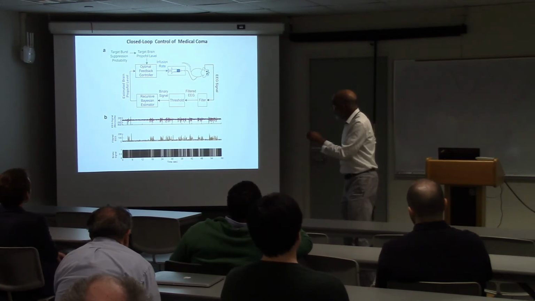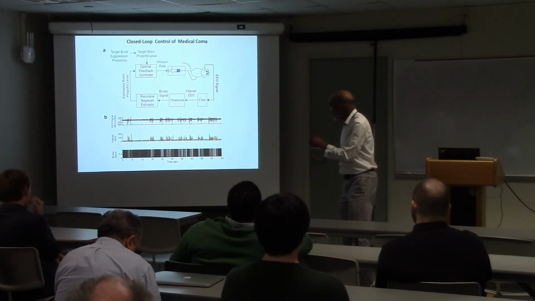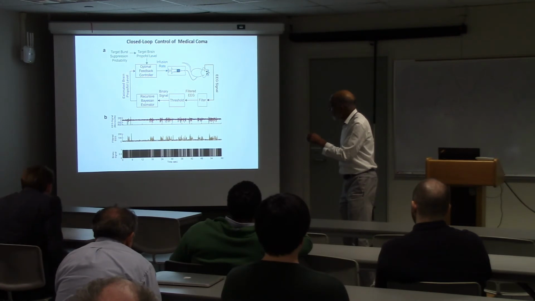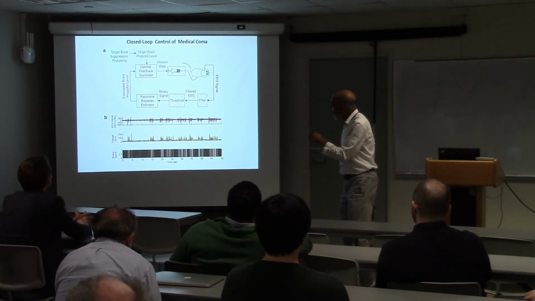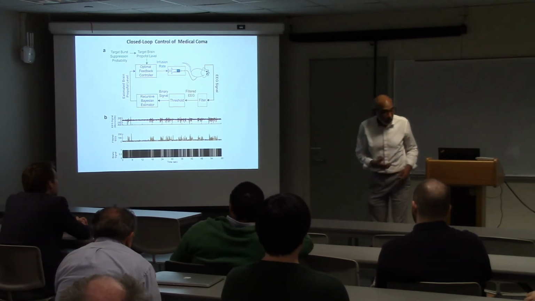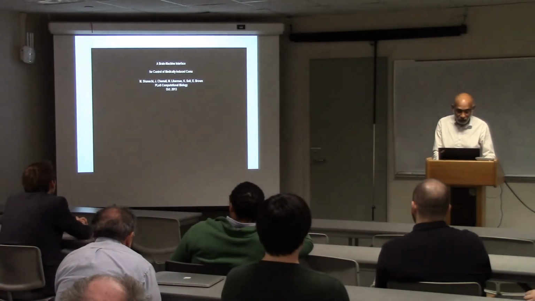So you set that target, and that starts an infusion rate, and you read the EEG in real time and estimate how suppressed the animal is. You take the difference between where you targeted it to be and where the animal actually is, and you control the infusion rate on a second basis. So let me just show you this.